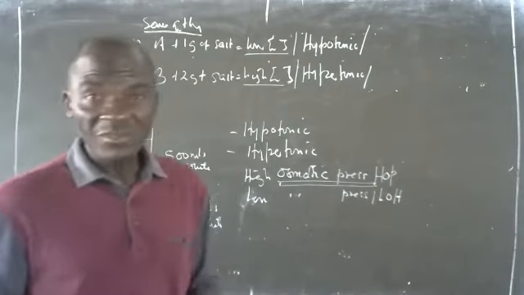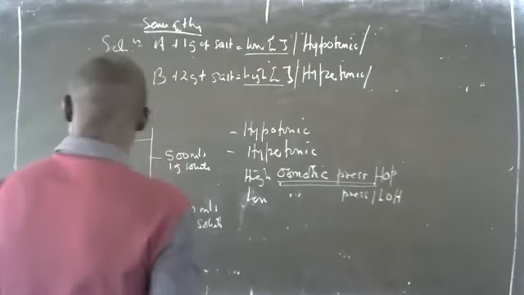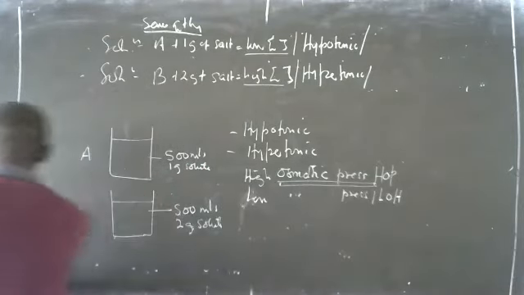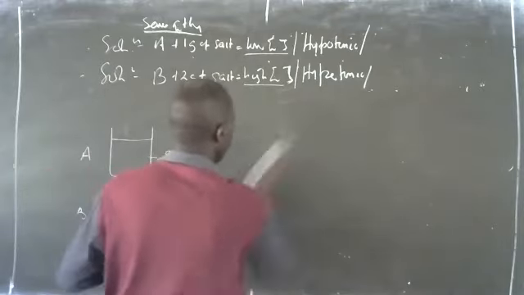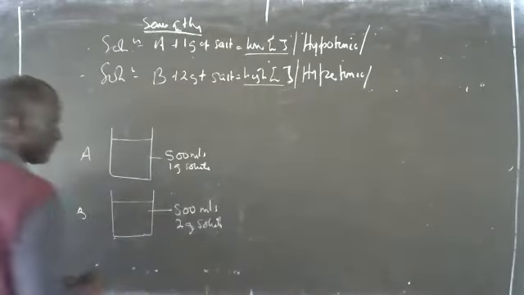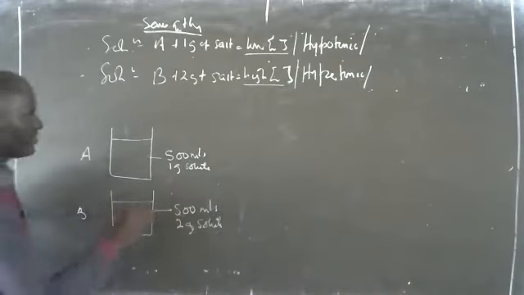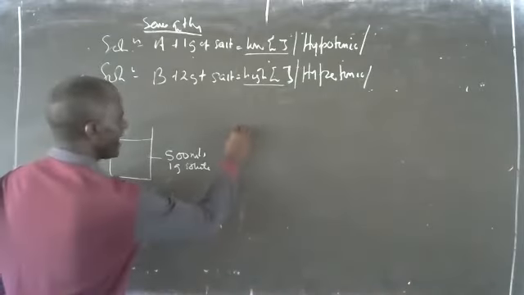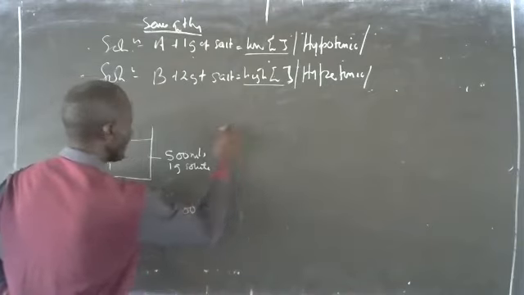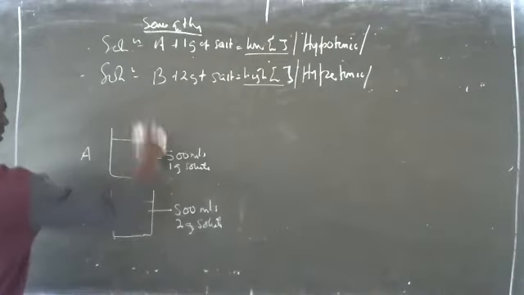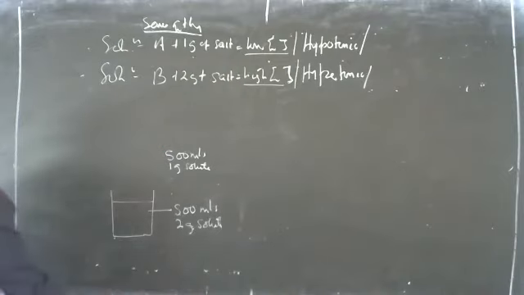But what's the effect of osmotic pressure? Why should we consider it? Now, if this is solution A, and then I drop, let me enlarge this one. If I have solution A, this is a beaker.